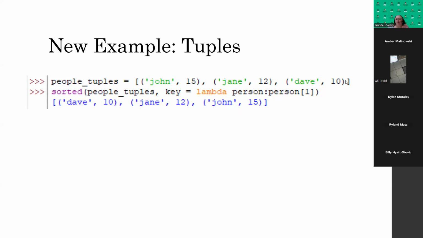Okay, so using the lambda allows me to expand this to tuples. With that lambda and the key, I'm indicating which portion of the tuple I want it to use to do the sorting comparison. Because technically, if I put 0 here, it'll alphabetize them. Okay.